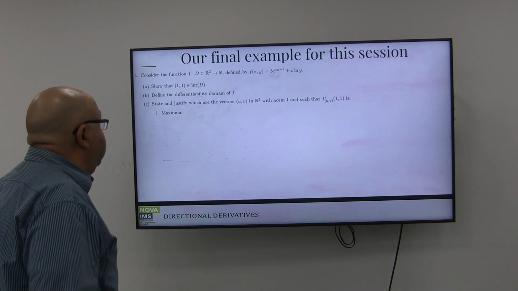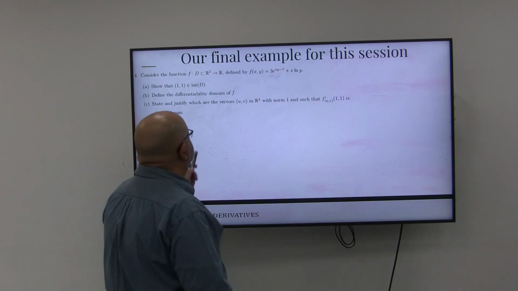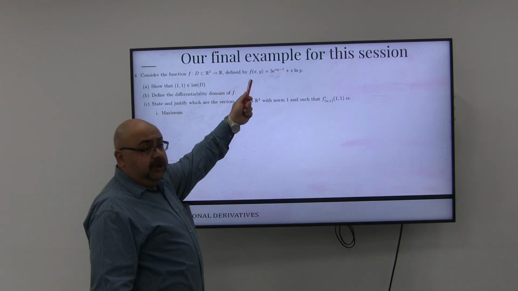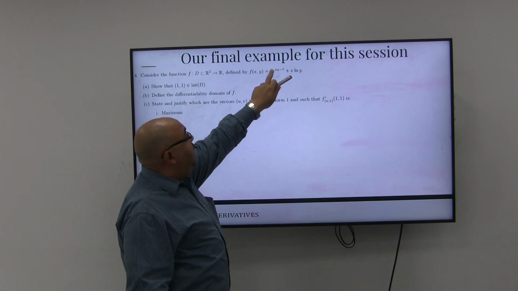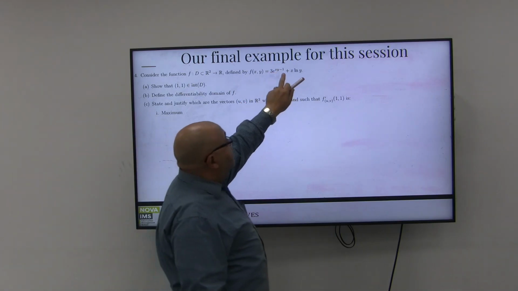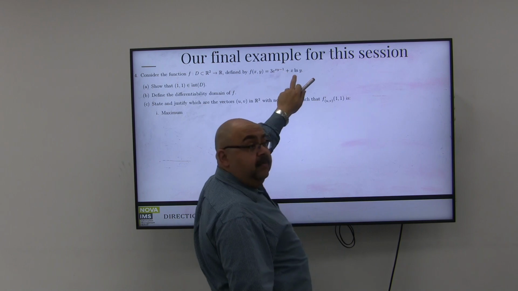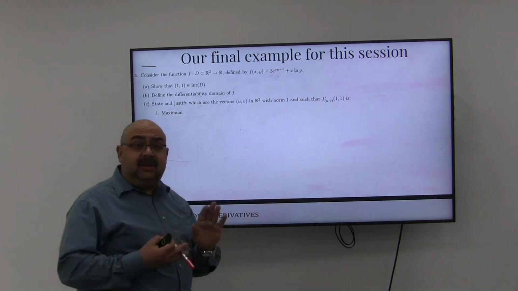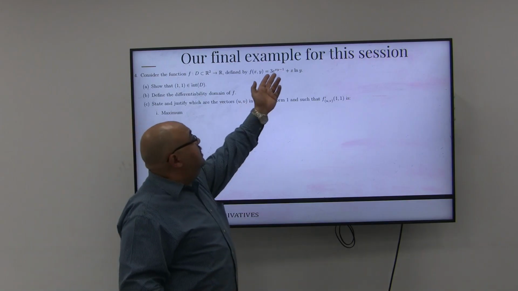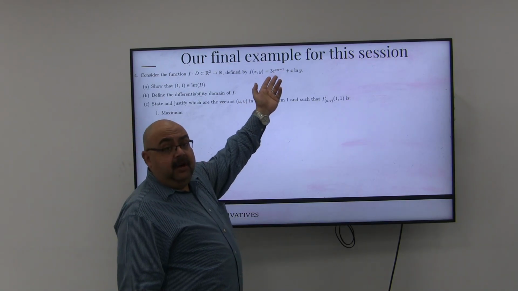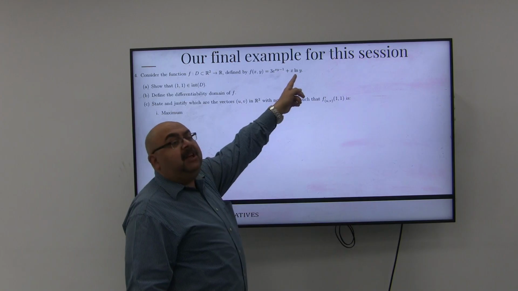So for this problem, he is giving you a function which is 3 times e to the power of xy minus 1 plus x times ln y. That's my function. Of course, it is differentiable and well behaved because, as you can see, this is an exponential function and the other is a logarithmic function.